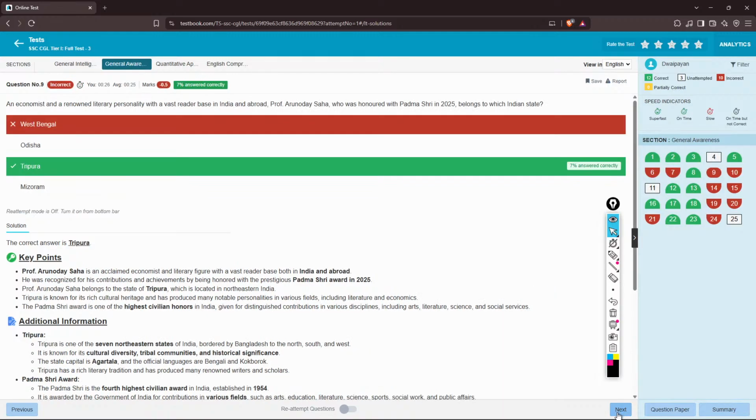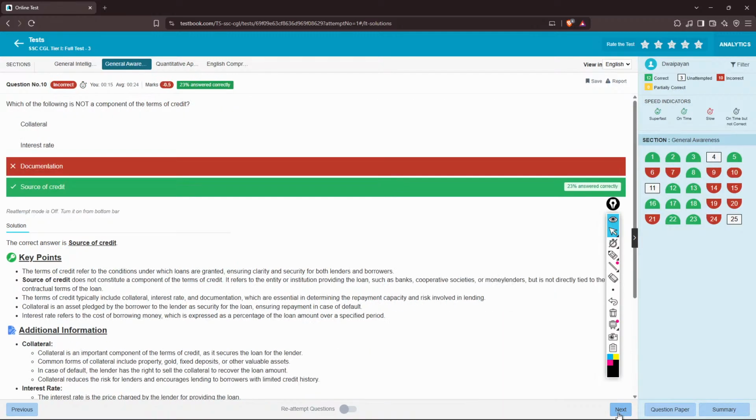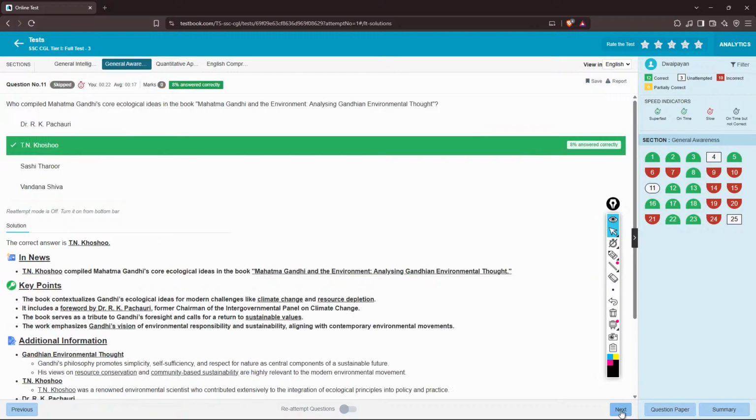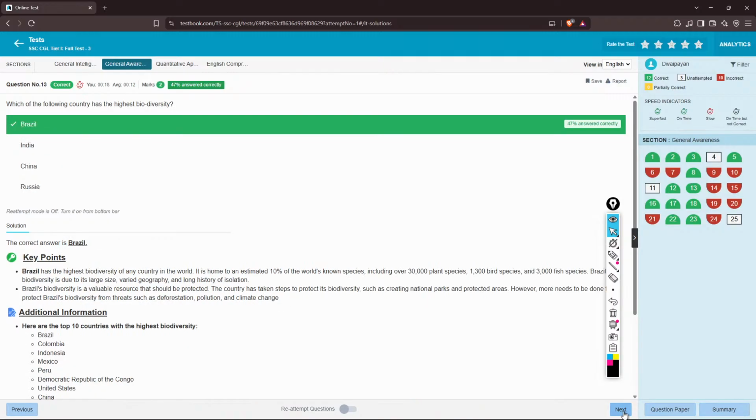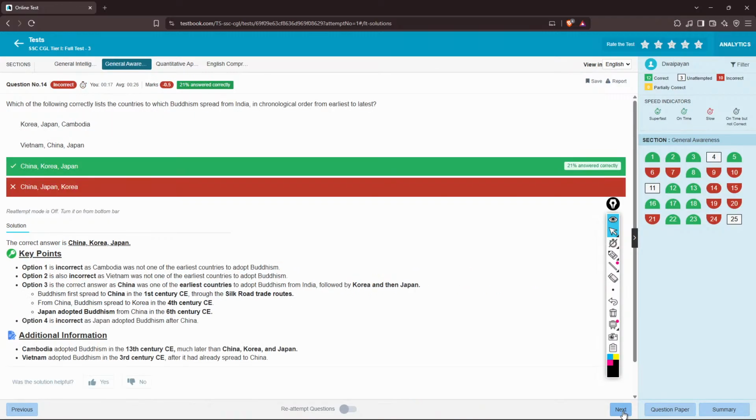Okay. Samved song and Tripura. Absolutely. Source of credit. Okay. Mahatma Gandhi's ideological things. Then agriculture, primary, Brazil diversity, then China, then Korea, then came back to Japan. Okay.